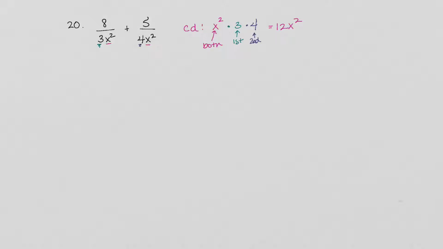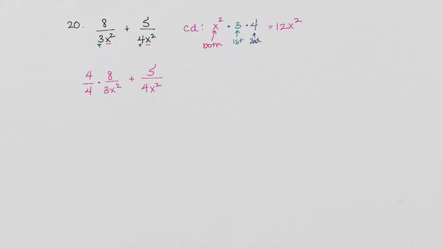Now, in order to add these two fractions together, I need to make sure that both of the fractions have that common denominator. So when we're looking at the first fraction, it has a denominator of 3x squared. I need to multiply that fraction by 4 over 4 so that I make the 3x squared into a 12x squared. So that's 8 over 3x squared plus. And then the second denominator is 4x squared.